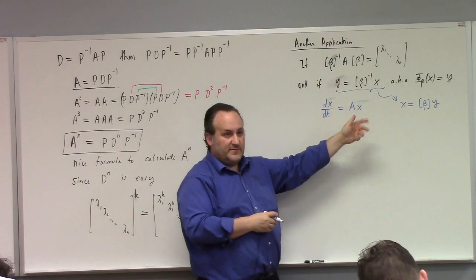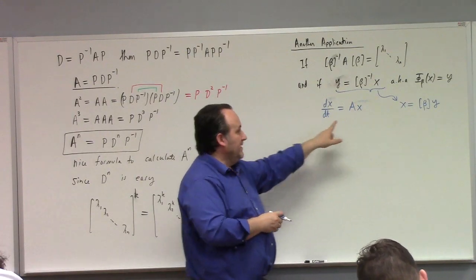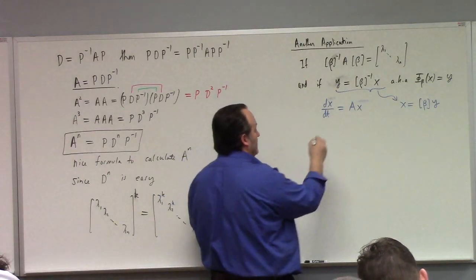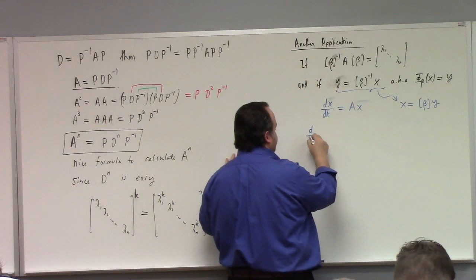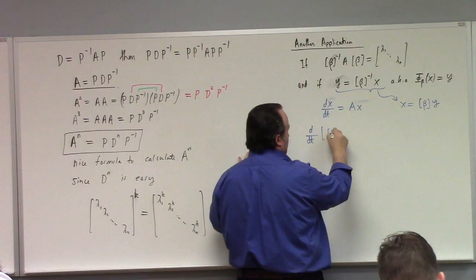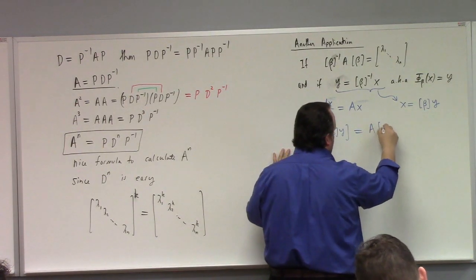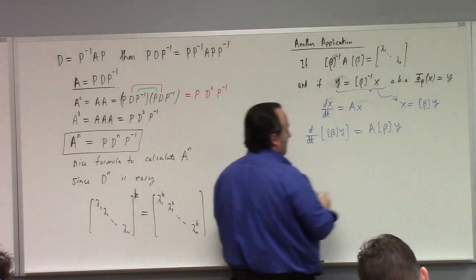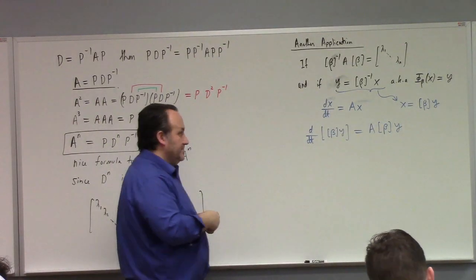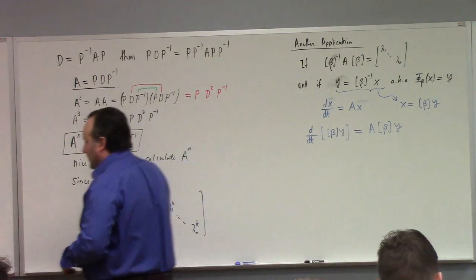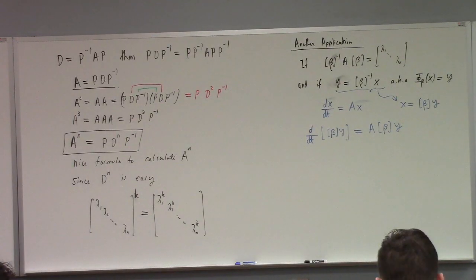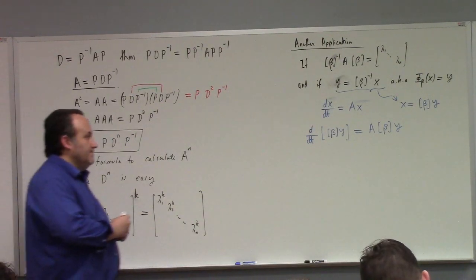Flip it. So that's what x is in terms of y. Plug that in down here, what do we get? We get d/dt of the basis matrix times y is equal to A times the basis matrix times y, making that substitution. Now, is there any time dependence to the basis?